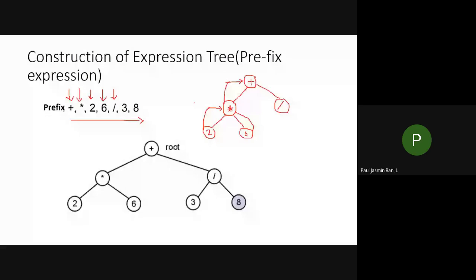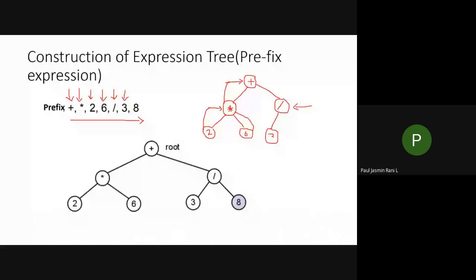Next, I'm going to go for this 3. So for 3, my current node is slash. Now the node I have currently created is slash. So from this slash, I have to visit only the left side because this is a prefix expression. So I have to give preference to the prefix. So I'm creating another node over here, and I'm going to enter this 3.